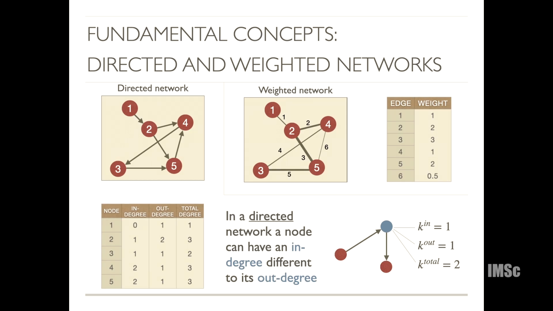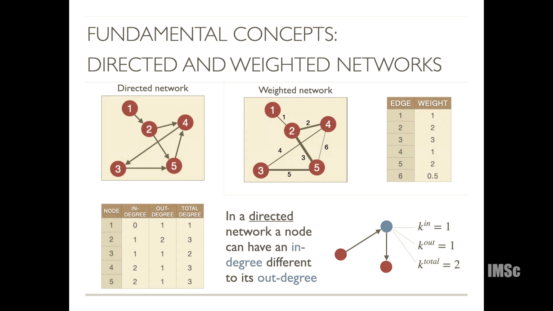Now in a network like this, obviously, you can look at the link in a number of ways. Because the link has a direction, you can talk about the number of links that are coming out from a node, and that's what's called the out degree. From node number 2, there are 2 connections going out, but 1 connection coming in. That's called the in degree.